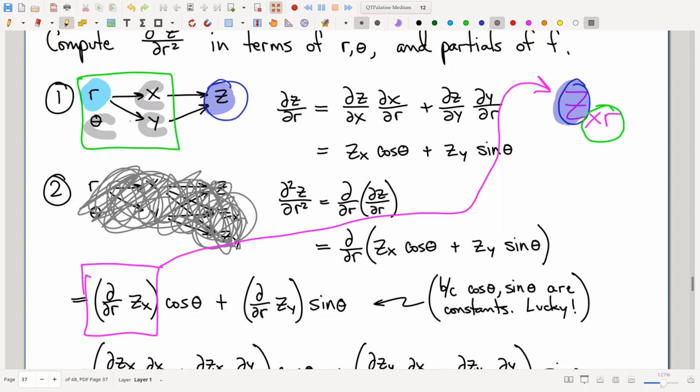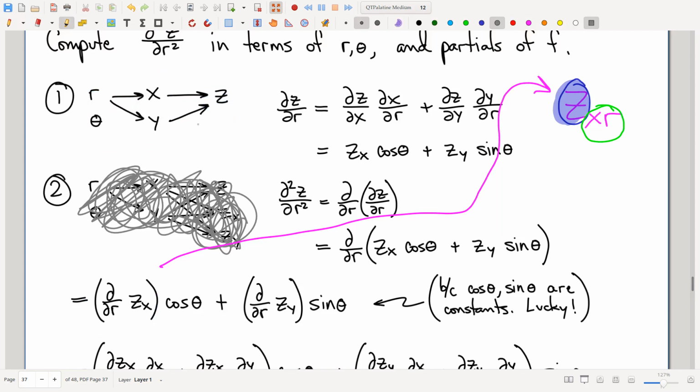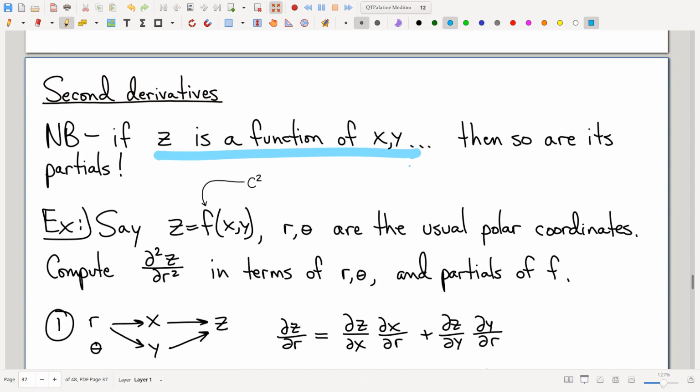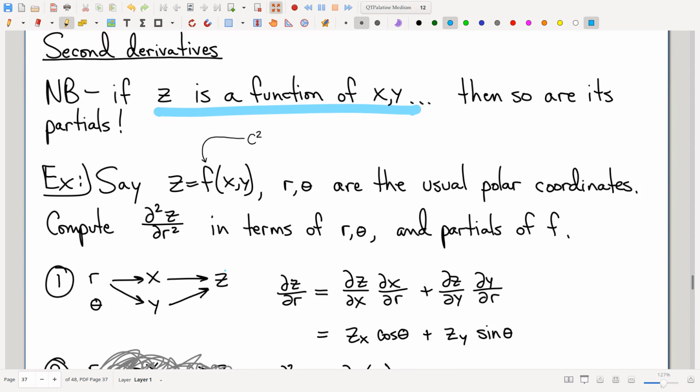Okay, all right. Now let me show you the right way to think about this. This is what I think is the right way to think about it, and this goes back to what I skipped over at the very beginning. I made this observation that if z is a function of x and y, as indicated on my diagram, then its partials are also functions of x and y.